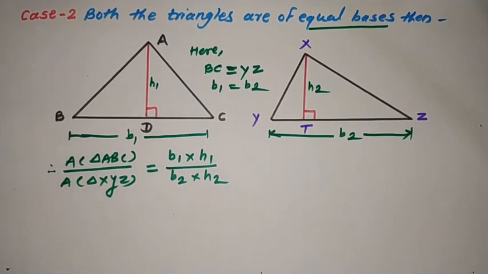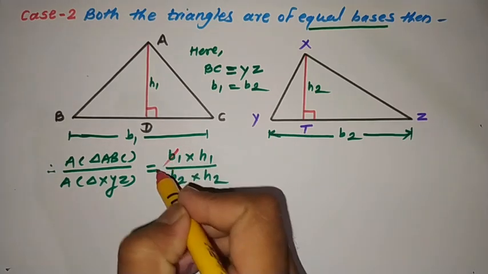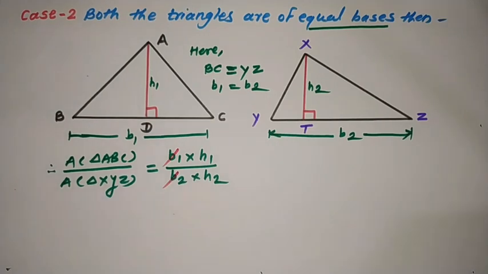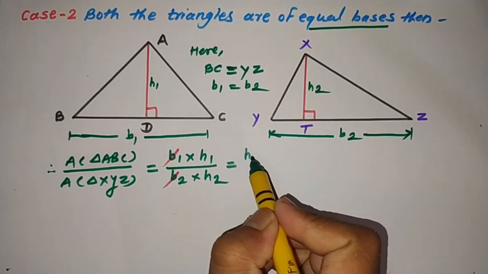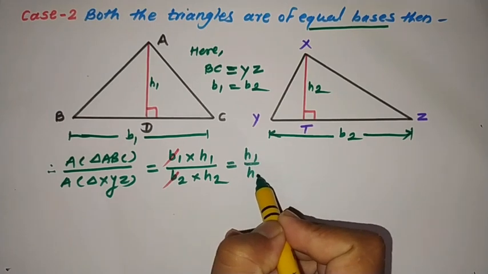Here B1 and B2 are equal bases, so the base cancels, remaining the heights H1 and H2.